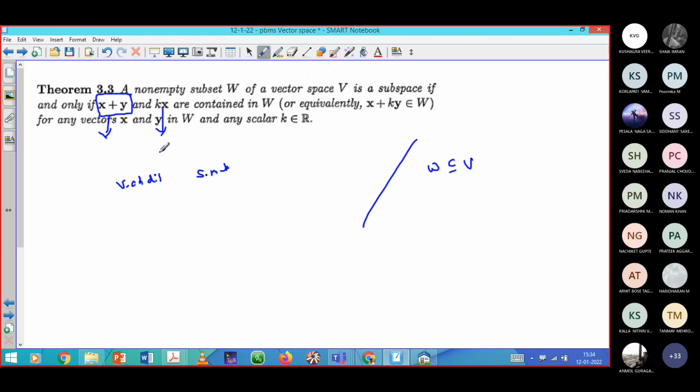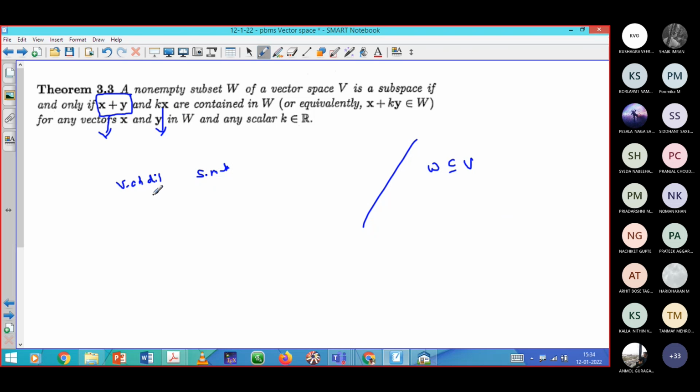Can you try to connect the x plus y condition: is it connected with vector addition or scalar multiplication? Vector addition, very good. So obviously kx connects with scalar multiplication.